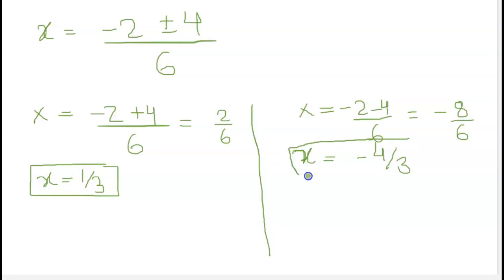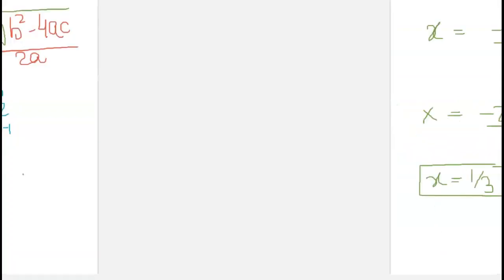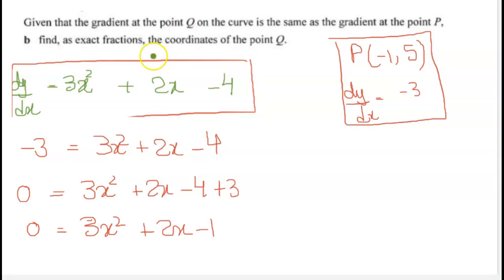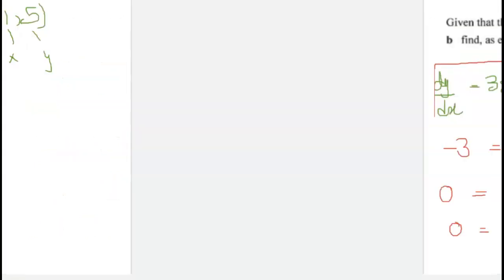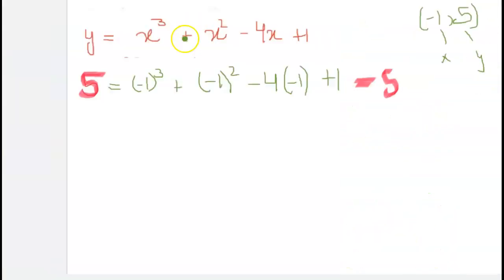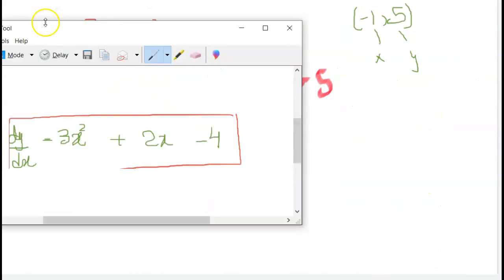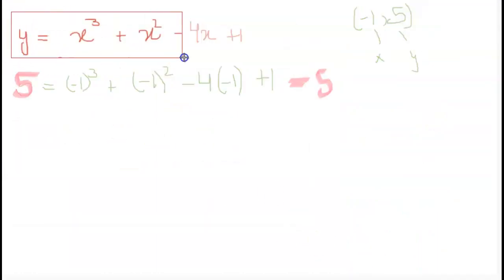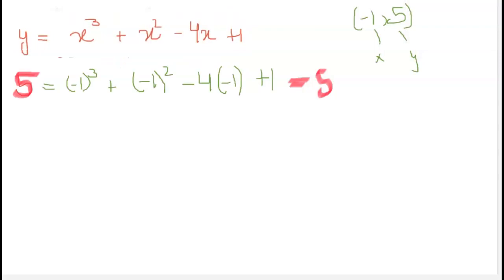Now I got 2 points for the x, but in the question it says find the exact fraction coordinates of the point q. The point q is on the curve. So this is the equation for the curve. Let's copy paste the equation for the curve.